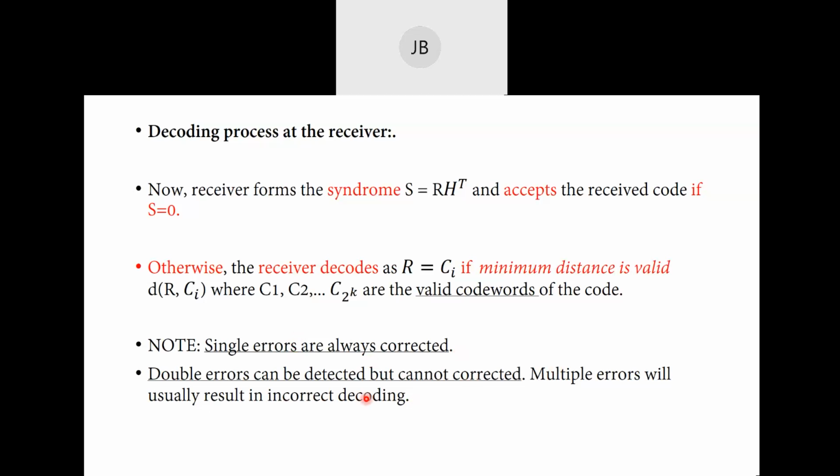Okay, so in that case, double errors can be detected. But more than two errors, what happens? Multiple errors will usually result in incorrect decoding. The decoding will not be proper. If there are two errors, then those errors cannot be corrected, but can just be detected.